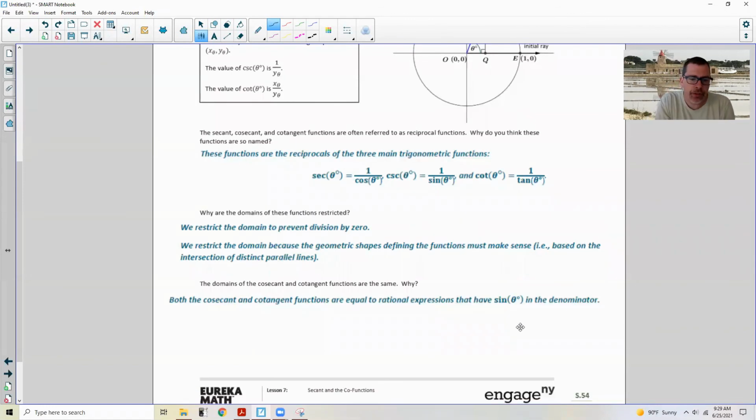Okay, let me go back to the last page for a moment. I put the wrong answer down. The domains of the cosecant and cotangent functions are the same because both the cosecant and cotangent functions are equal to rational expressions that have sine theta in the denominator. Okay, sorry about that.